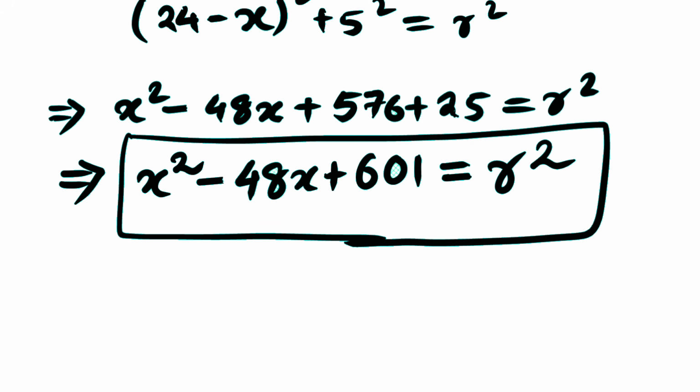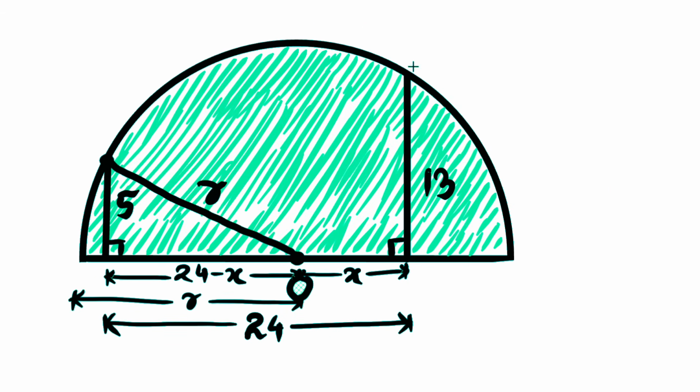Now let's move to the right side of the diagram. Connect O to the top of the right vertical segment. Once again, that line starts at the center and ends on the semicircle, so it is another radius, meaning its length is also r. This gives us another right triangle. The horizontal base is x, because that is how we define the distance from O to the right vertical segment.